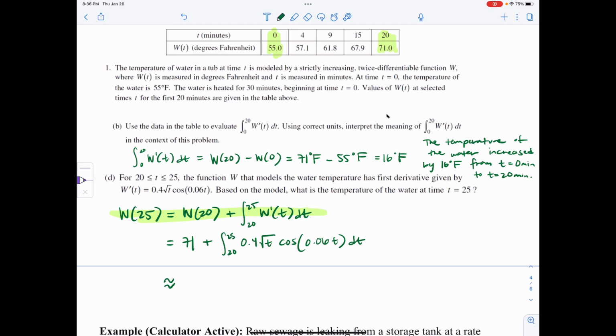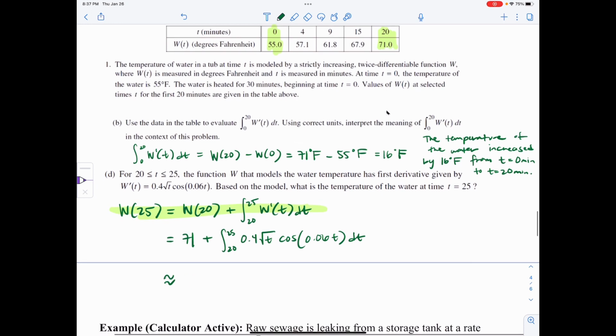Make sure you are in radians. So I get approximately 73.043 degrees Fahrenheit.